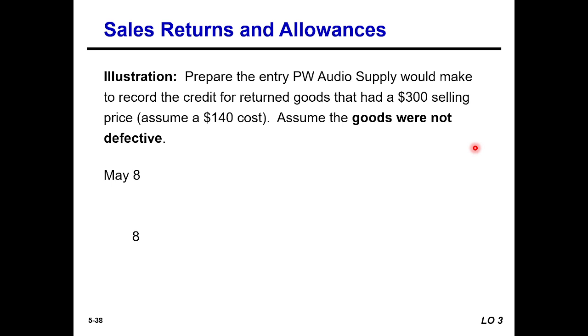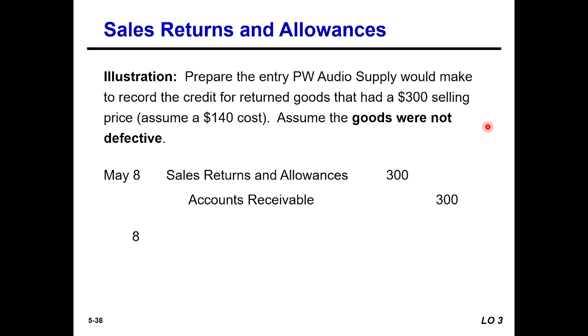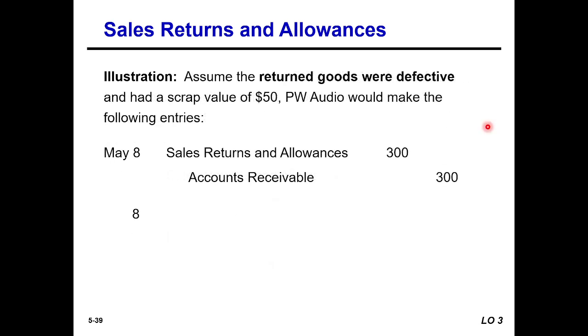So this $300 sales returns and allowances will be debit and accounts receivable credit, and for the $140, it will be vice versa: inventory debit and cost of goods sold credit. Next, with a scrap value of $50, sales returns and allowances would be the same, and for the scrap value, inventory 50 and cost of goods sold 50.